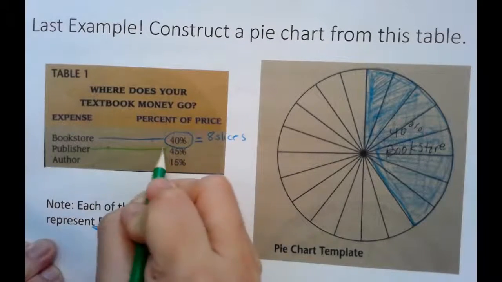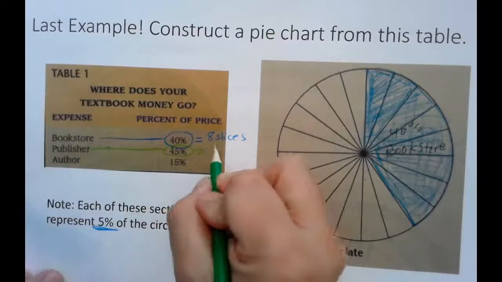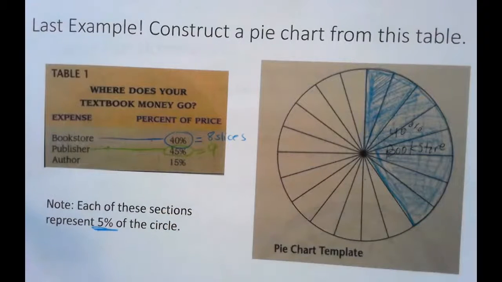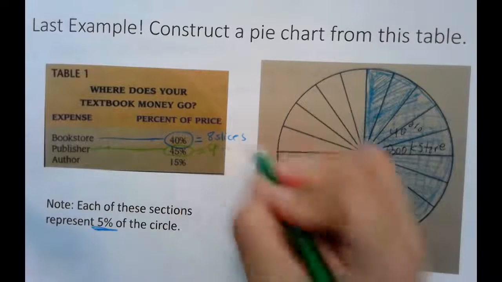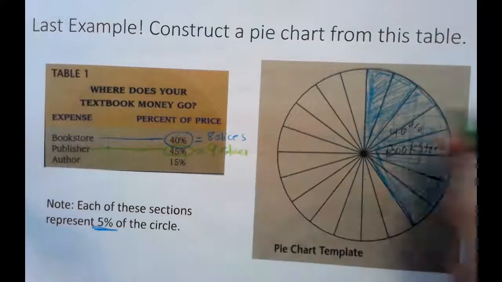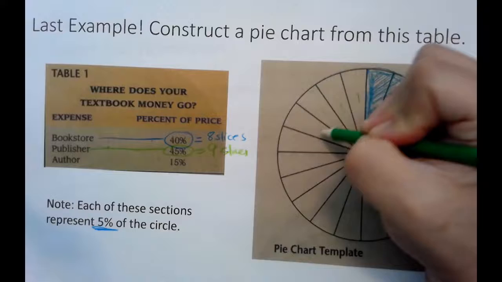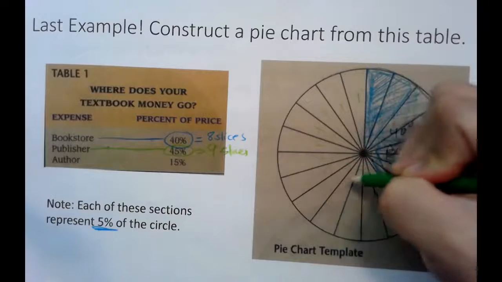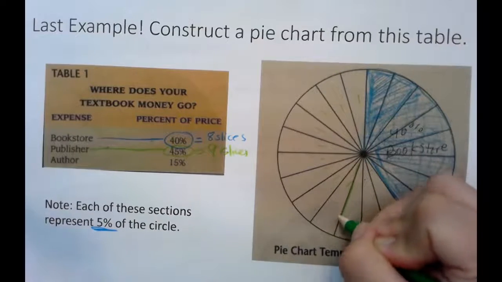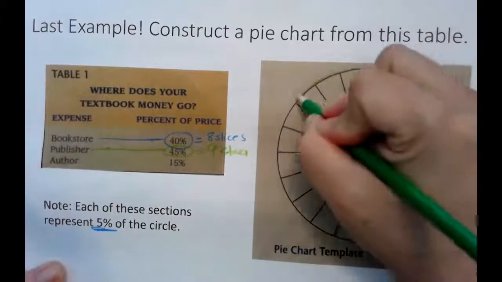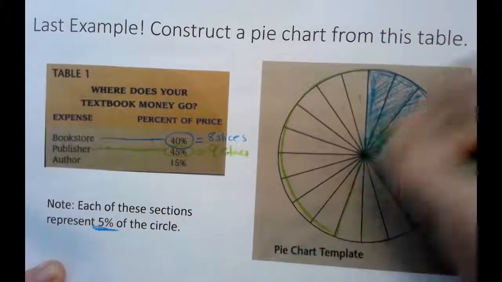We're going to let that be green, 45%. How many slices will that be? If each slice is worth 5, that's going to be 9 slices. So then we have 1, 2, 3, 4, 5, 6, 7, 8, 9. So all of this is going to be 45%.